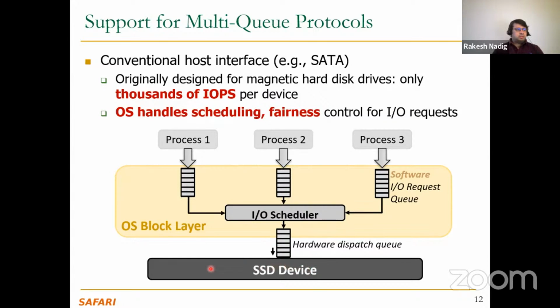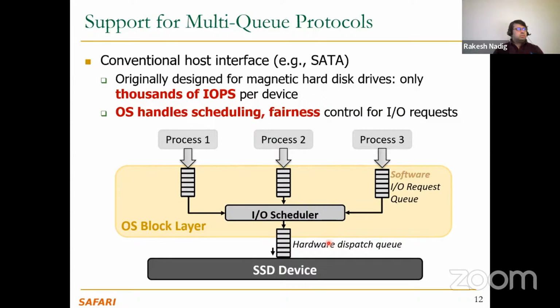The reason for this is that this was designed for hard disk drives, where a read or a write operation would take a lot of time, and that is the reason why a single queue would be enough for the performance of a hard disk drive. But this cannot work very well for a NAND flash or a state-of-the-art NAND flash memory, because the read and write latencies are much faster.